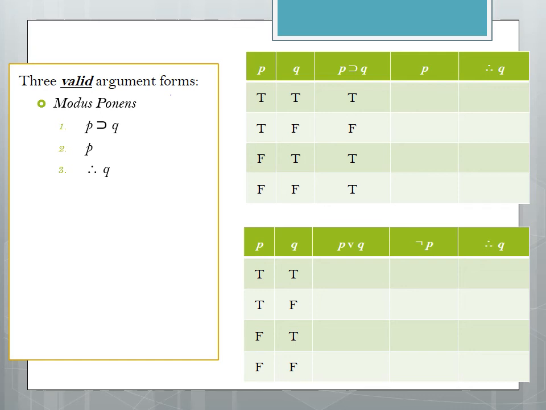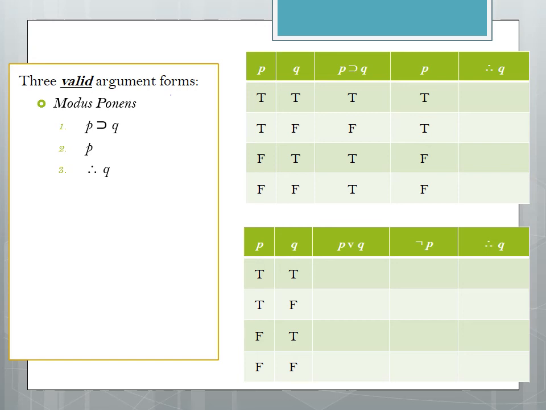P is the next premise, and this of course is just going to replicate what we see in the base columns. So P is true on the first two rows and false on the third and fourth rows within the base columns, so it's going to have those same assignments or values within the body of the truth table.